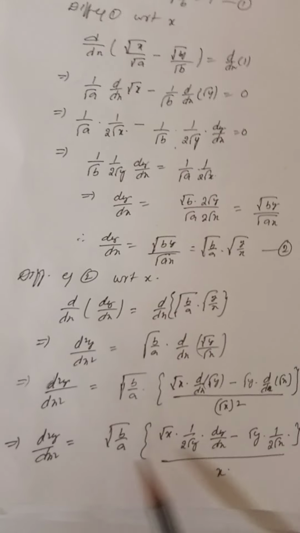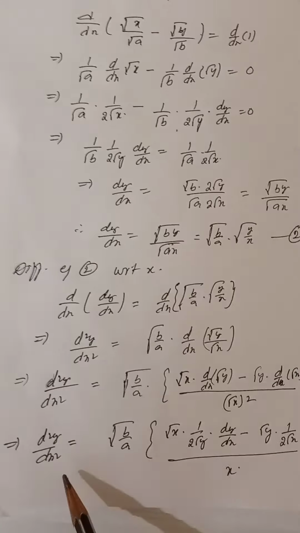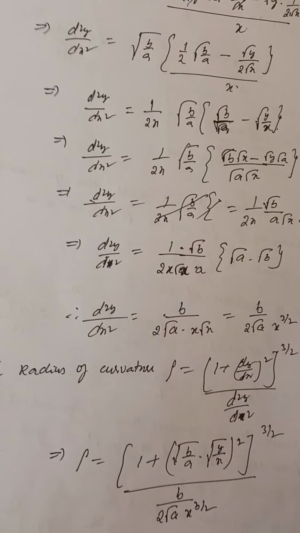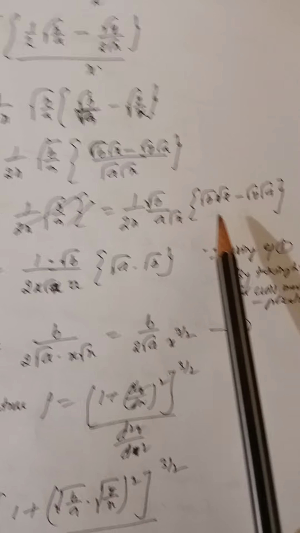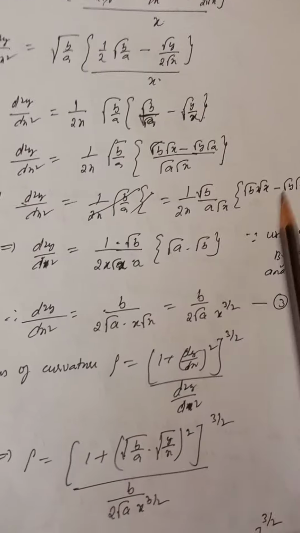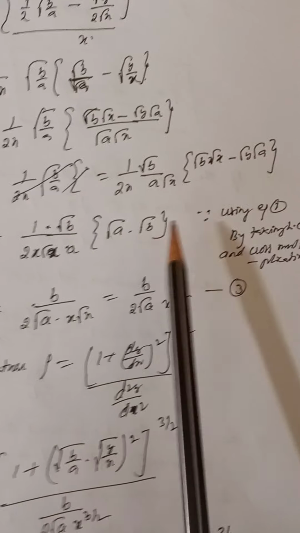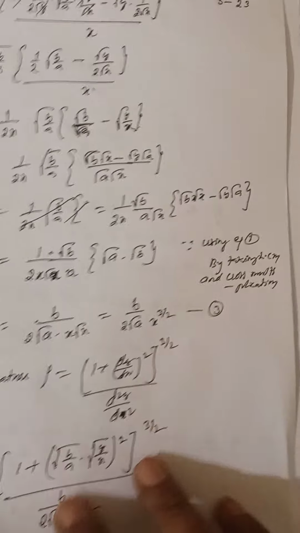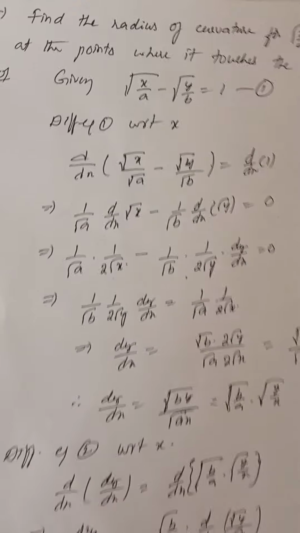Now again d square y by dx square is equal to root of b by a into, after simplifying, you will get the d square y by dx square. Then we substitute the dy by dx value and we will get this result, right? Here root b into root x into root y into root a, this is nothing but root ab, we are writing here. The reason is using equation 1. What is equation 1 actually? Equation 1 is this one.